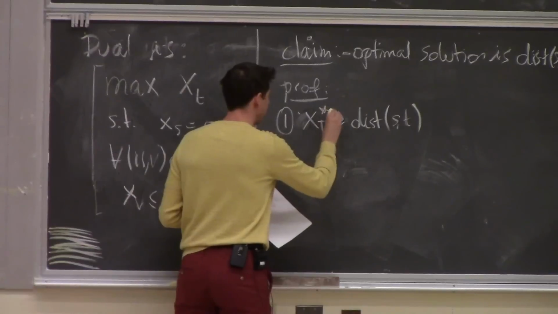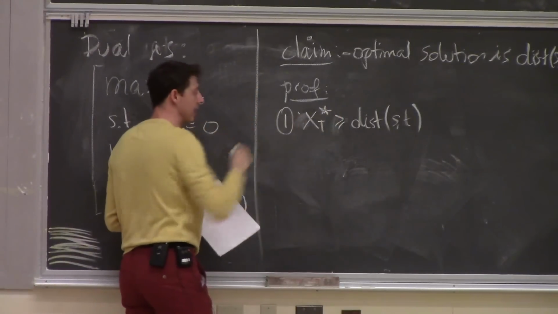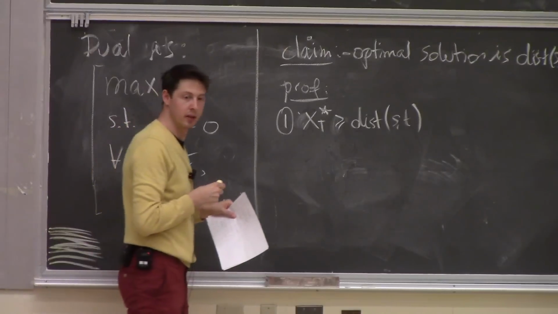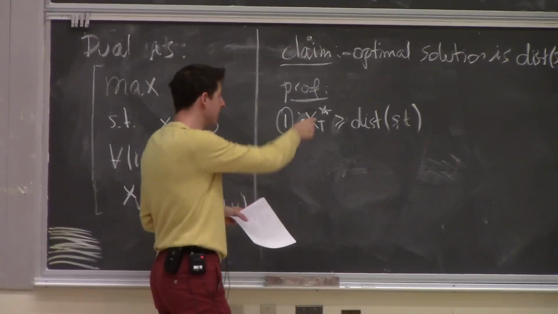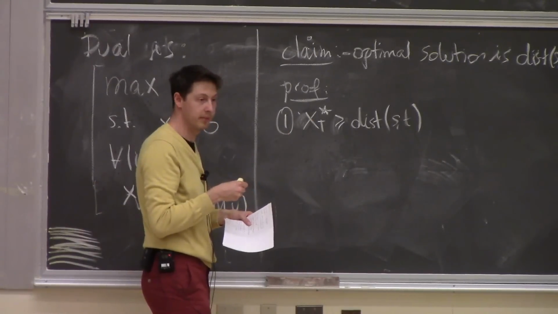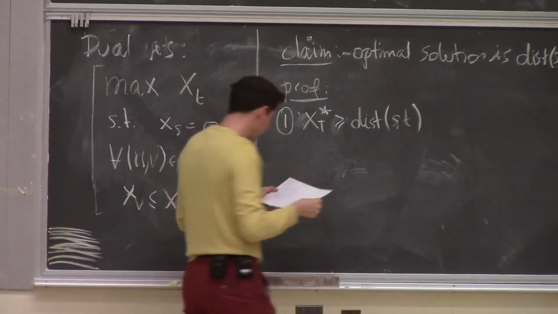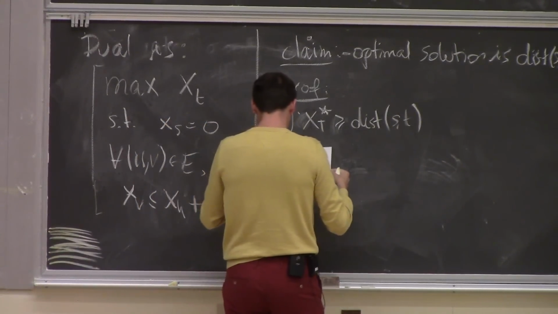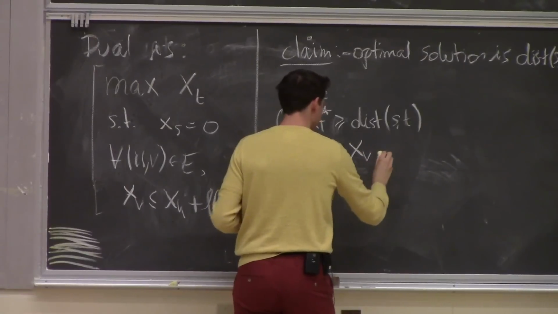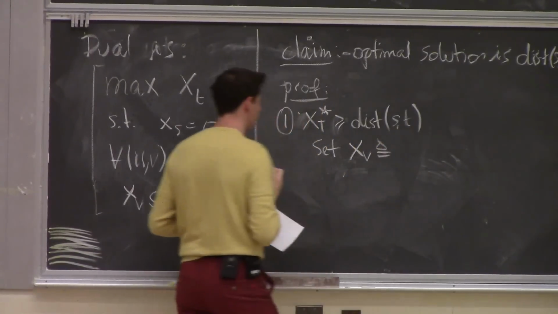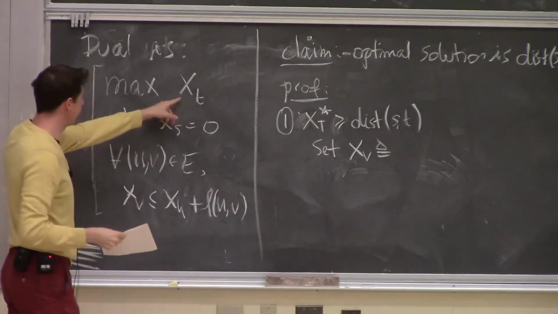So let me put a star here. I mean that the optimum is at least that much, okay? Because now let me exhibit a feasible solution that has that value, okay? The optimum can only be bigger. So what you can do is just set xv. By the way, I can't just set xt to be something.